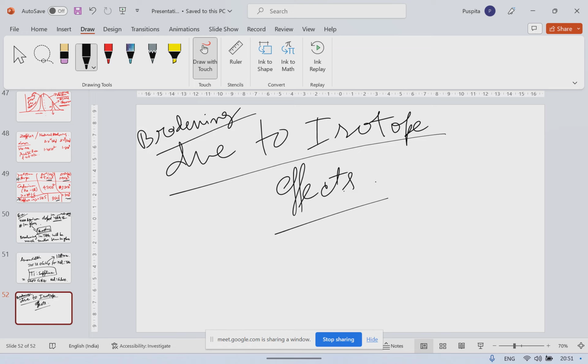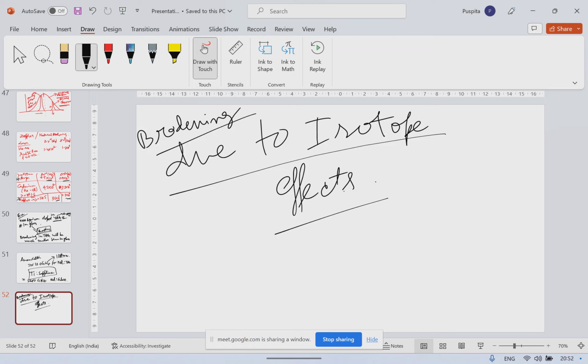Different isotopes of the same material have different abundance, and they have atoms with the same number of protons and electrons but a different number of neutrons. Like in helium, helium 4 and helium 3.